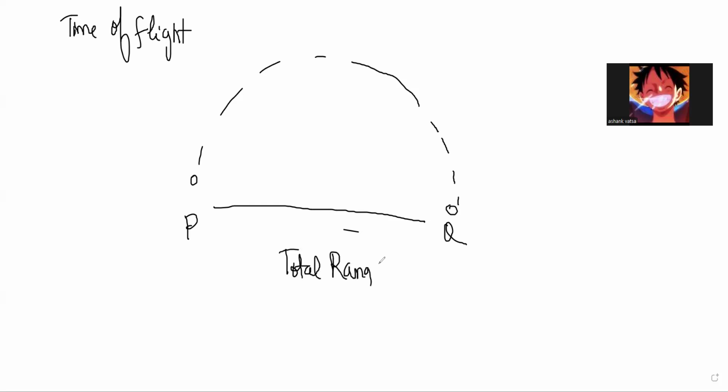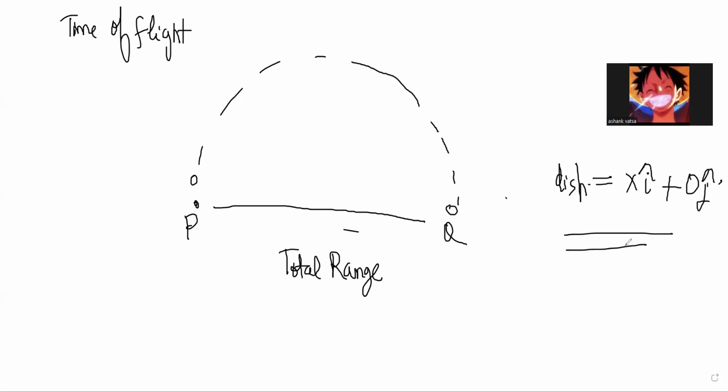And if you go from P to Q, the displacement has only an X component, right? Yes, sir. It is zero in Y, right? Yeah. So you can say that the displacement in Y is zero, correct? Yes, sir. If displacement in Y is zero, we can say the final displacement y is 0.